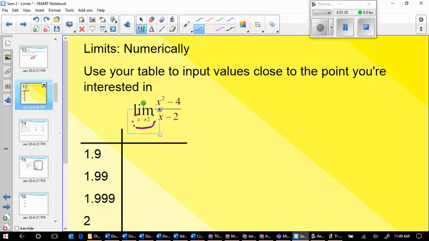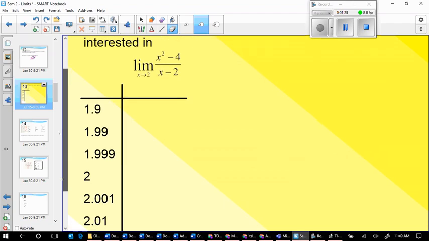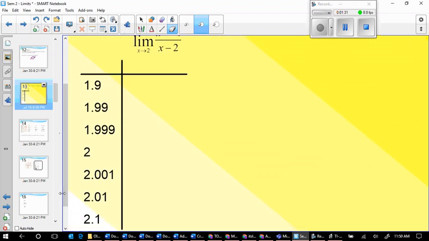So here I have a table set up ready. 2 is right in the middle there, and I'm choosing numbers that are getting progressively closer and closer to 2. 1.9 is pretty close, but 1.99 is even closer. 1.999 is even closer than that. So that's how I'm choosing those numbers, similarly in the other direction.